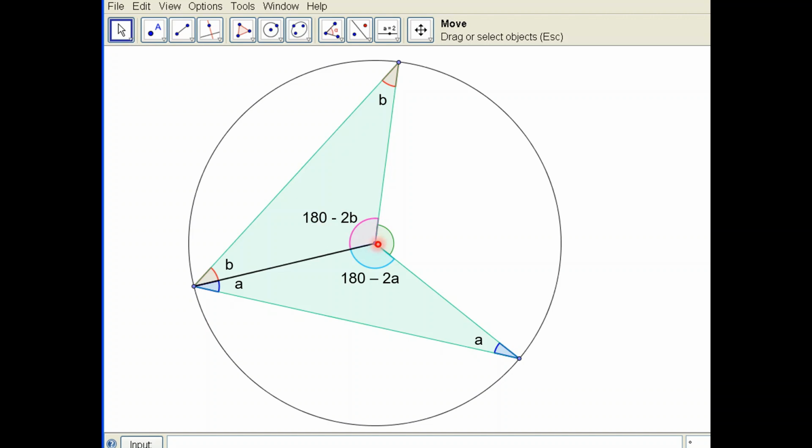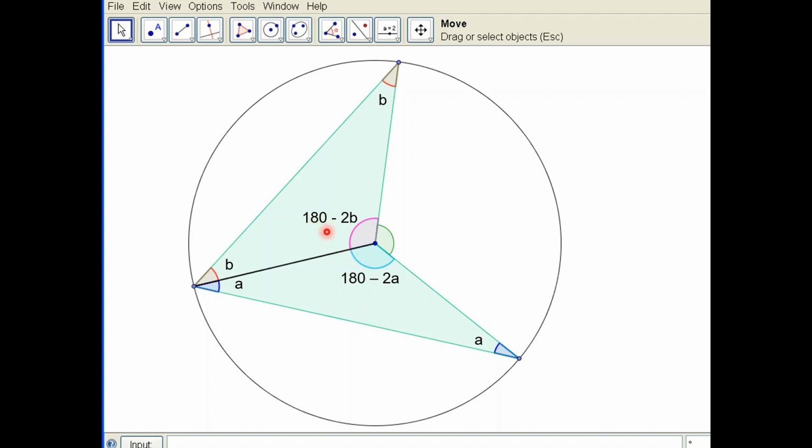Now this is a fixed point, which is the center. Angles about a fixed point sum up to what? 360 degrees. So if we know the expression for this angle, and we also know the expression of this angle, then if we subtract these two angles from 360, then we are going to obtain the expression for this angle. So first of all, let's add these two angles.